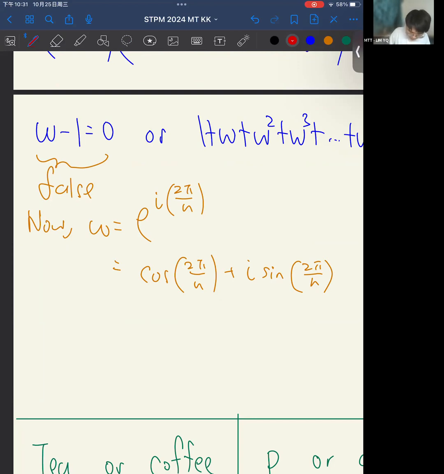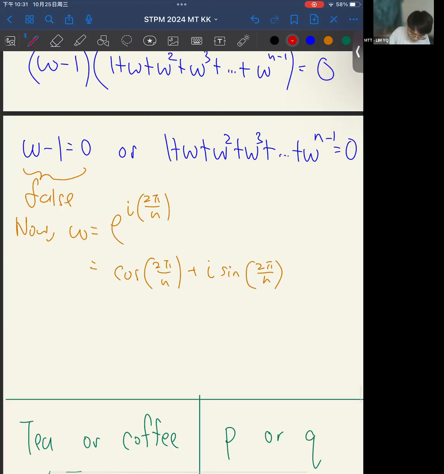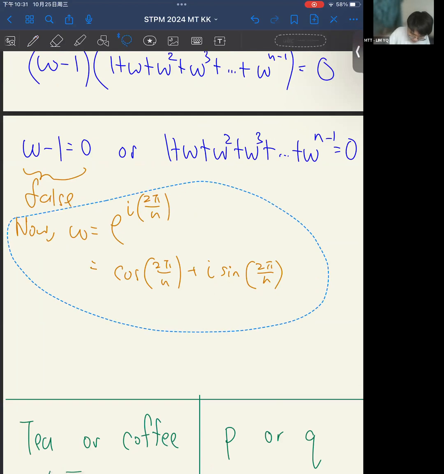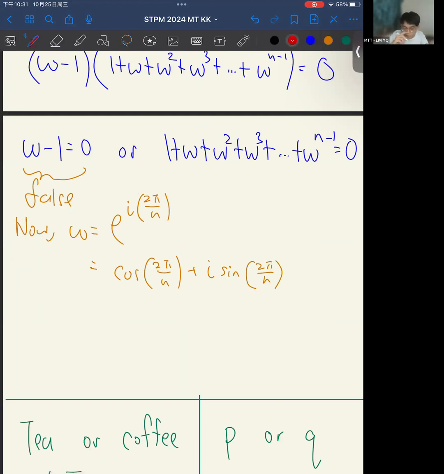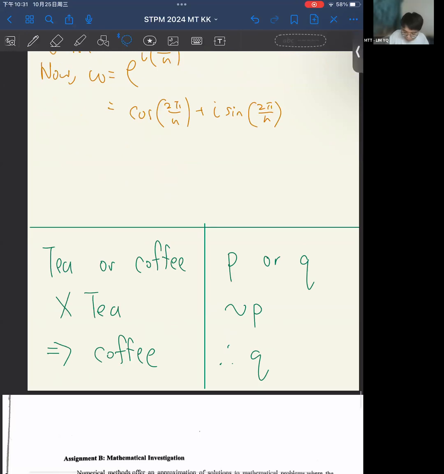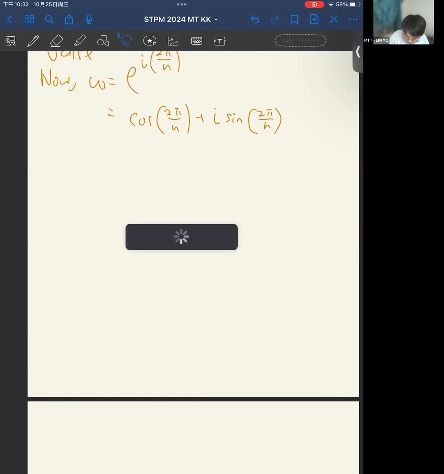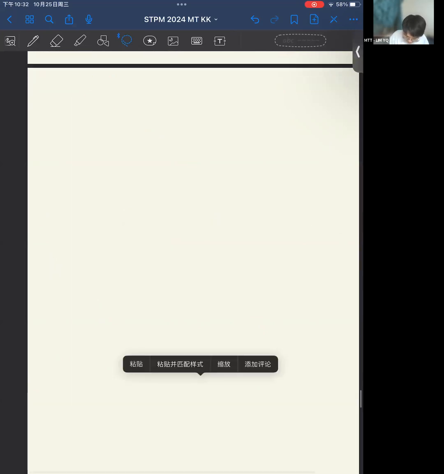Now, we assume it is true, then we make a contradiction. I will say it like this, but this is the true way of proof.